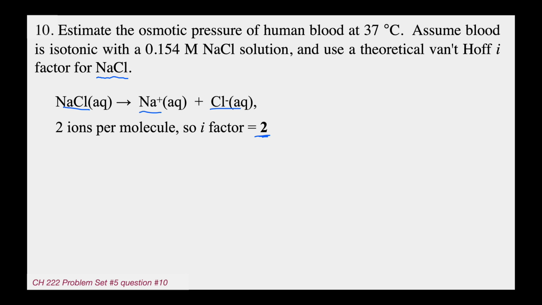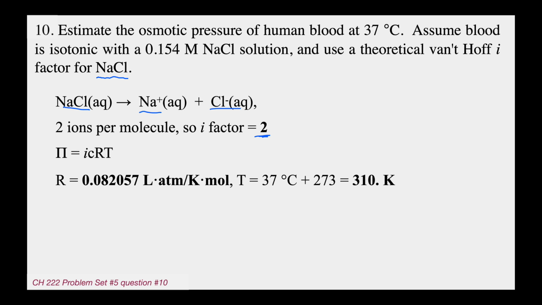And boiling point would also be delta T equals K times m times i. But again, we haven't worried about i factors so far because they've all been organic molecules. In this problem, though, we definitely want to use the i factor of 2. So osmotic pressure is pi equals iCRT. And again, if everything was organic, you wouldn't have to worry about i, but we are worrying about it here.